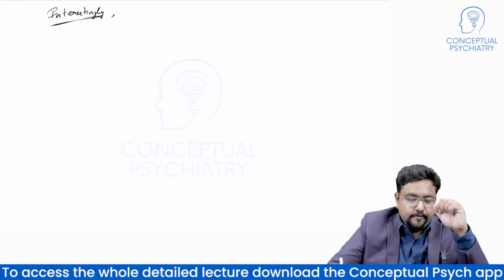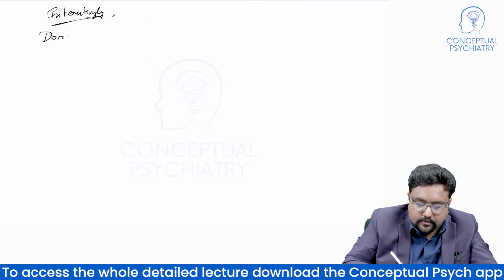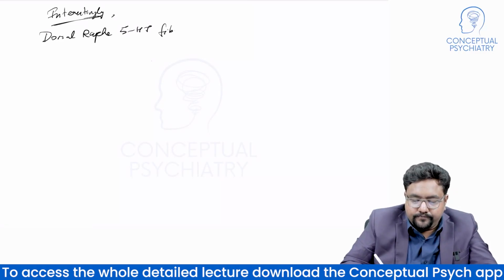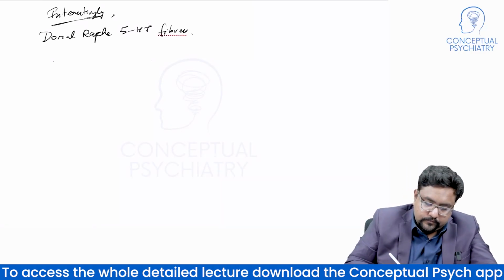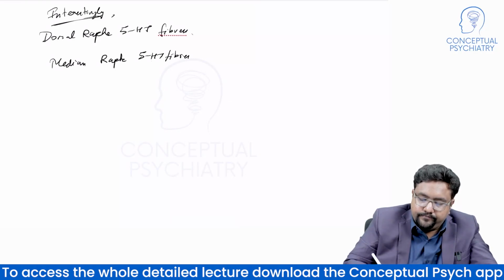So interestingly, we find that the dorsal raphe 5-HT serotonergic fibers, and we also have the median raphe serotonergic fibers, but there is a difference in them.